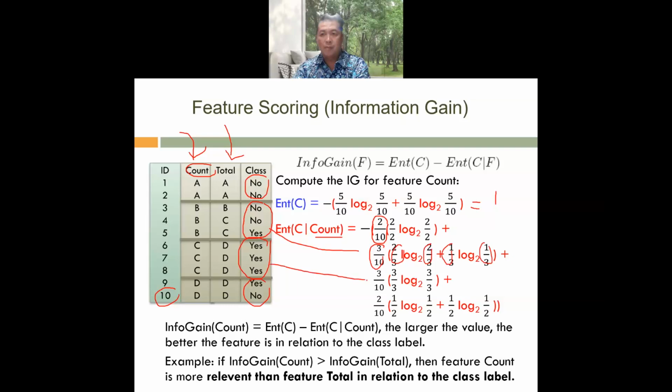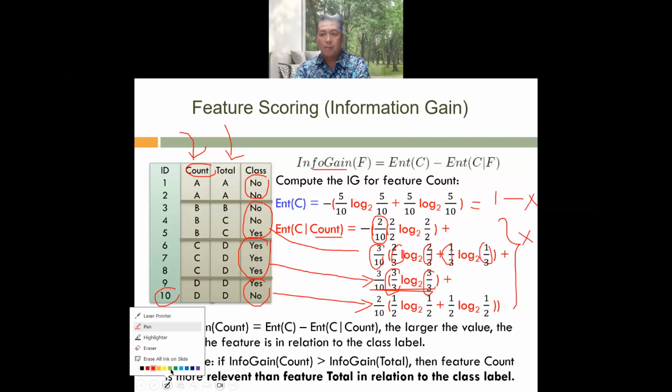And then we also have 3, but all of them belong to yes. And then this is yes, no, so half belong to yes and half belong to no. That's how you compute this one. And then if you want to find the IG, you just subtract from 1 here.